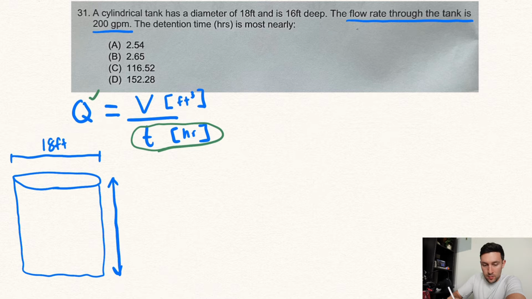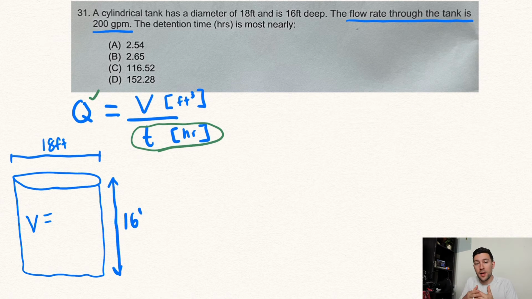And then how deep is it? 16 feet deep. A volume is always an area times a length, because again, a volume is always in the cube, a cube unit, right? And if an area is a square and you multiply it by a length, well, now you have a cube. So we could definitely get this volume here in cube because we do know the area.